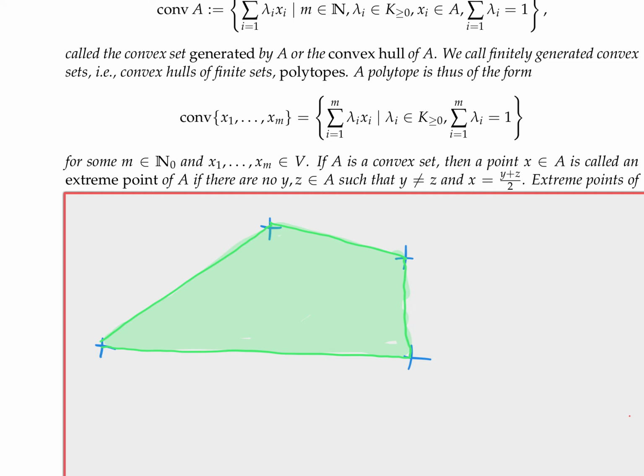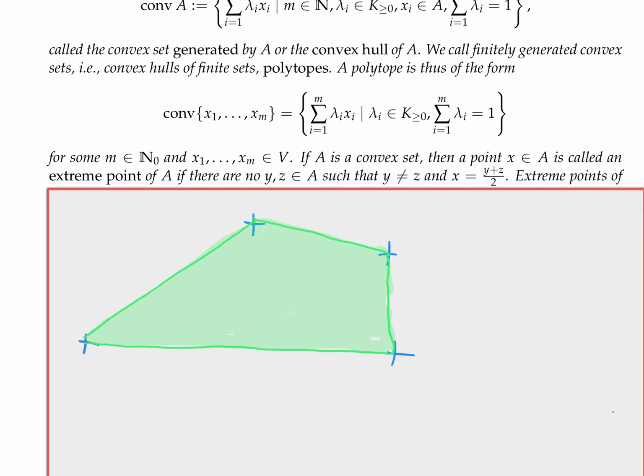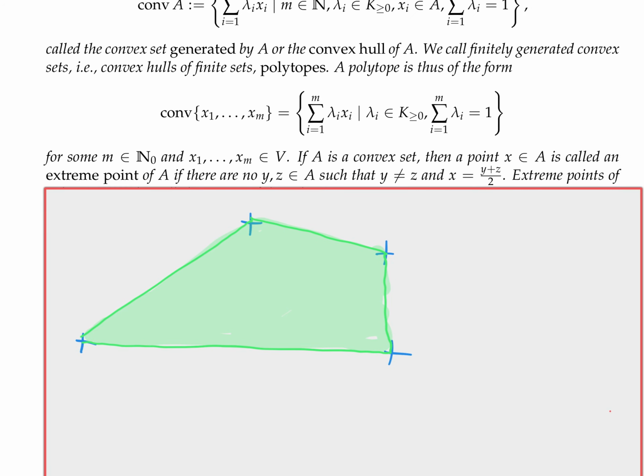First of all, an extreme point has to be an element of the set, right? So this red point here is no extreme point because it's not in the set. Okay, is this an extreme point? Well, that's not an extreme point, because it's exactly the midpoint of the following line segment, or of that one. There are many possibilities, right? So it's certainly not.